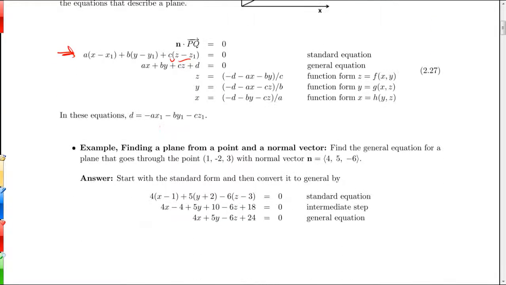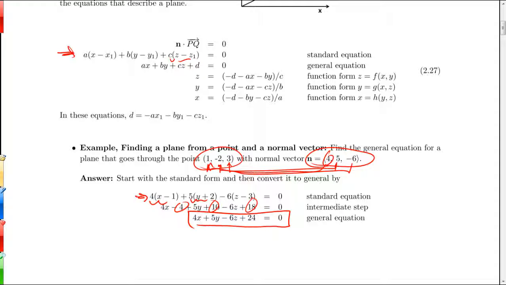For example, if I have this normal vector and this point, then I have to take 4 times x minus 1 plus 5 times y minus negative 2 plus negative 6 times z minus 3, set that equal to 0, distribute all of your constants, collect all of your constants into one value, and what you're left with at the end of that process is the equation for a plane in general form.